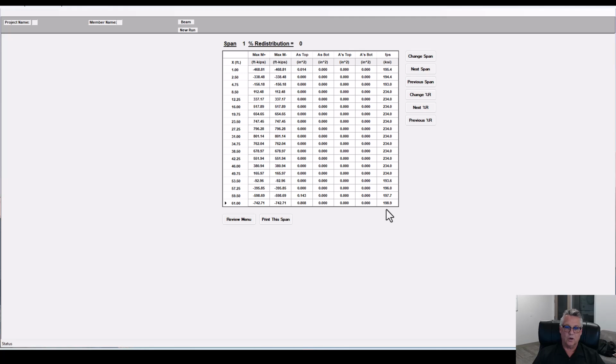So if you recall, at that same location, when we went to calculate the capacity of the section, we calculated an FPS value of 198.9, and this is where we would come to check that that was correct. So demand moment, and again, because we're not skipping any moments or skipping any loads, these are the same, and the FPS column.